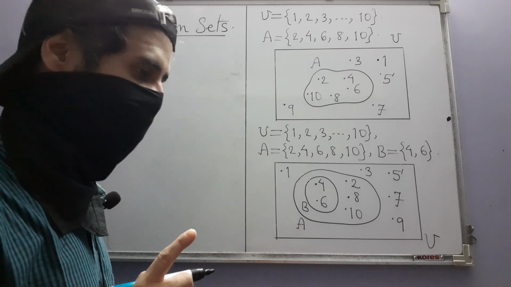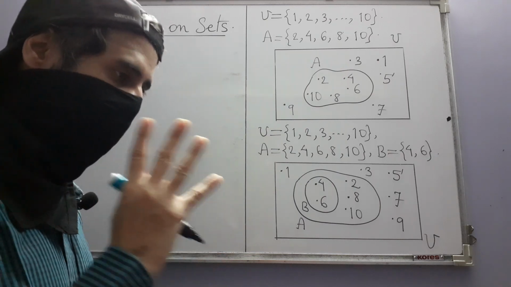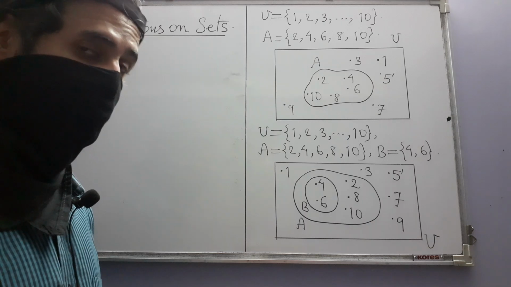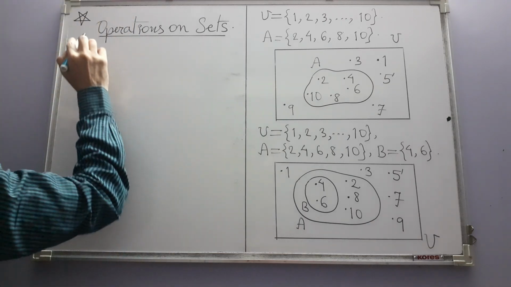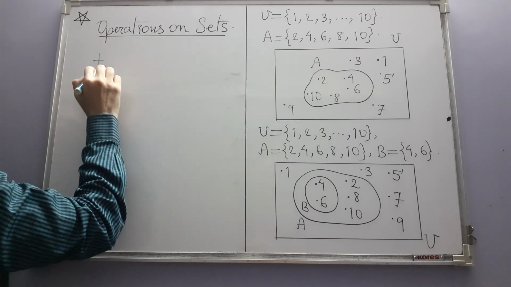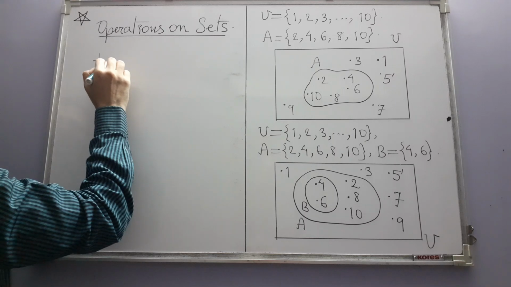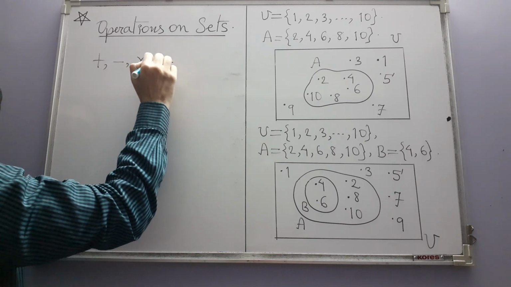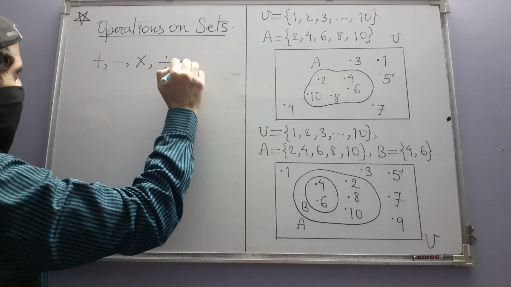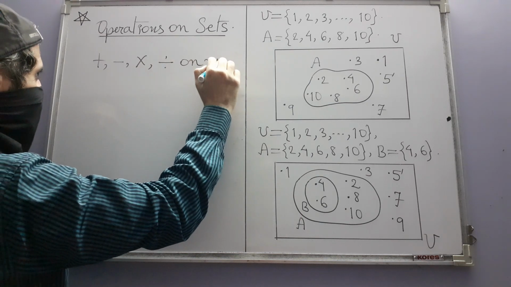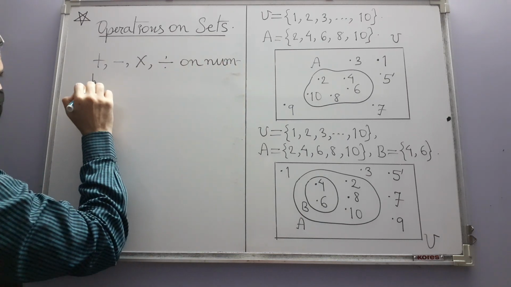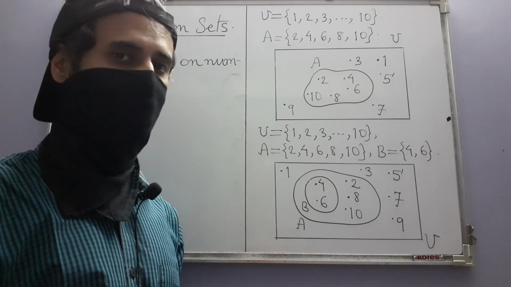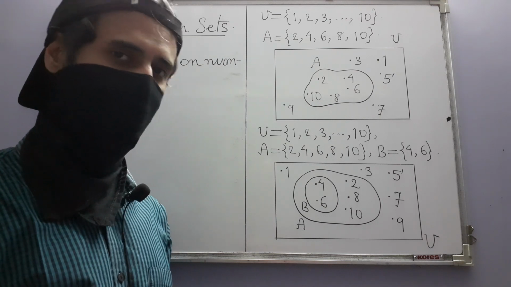We have been familiar with 4 very fundamental operations for a very long time, and those are the operations of addition, subtraction, multiplication and division on numbers. Here the word numbers means real numbers.